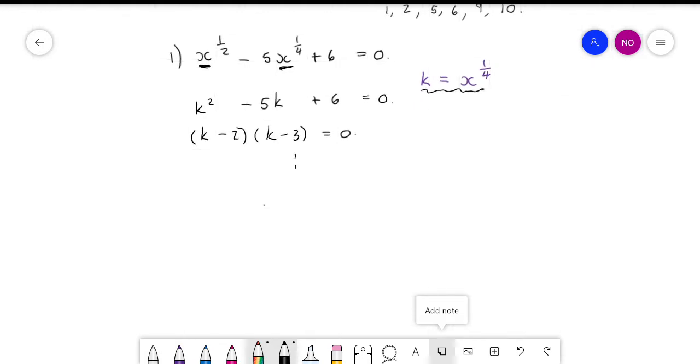Okay, and now I have 2 different solutions. I have K is equal to 2 or K is equal to 3. Now the question is, did they ask me to solve for K?